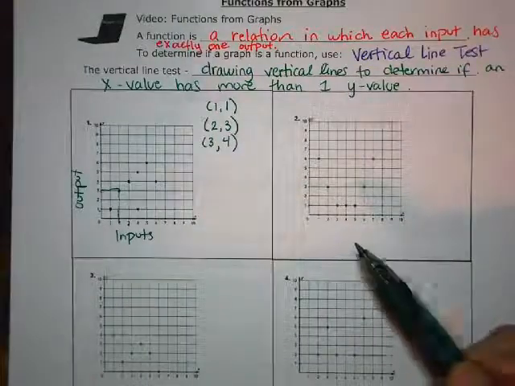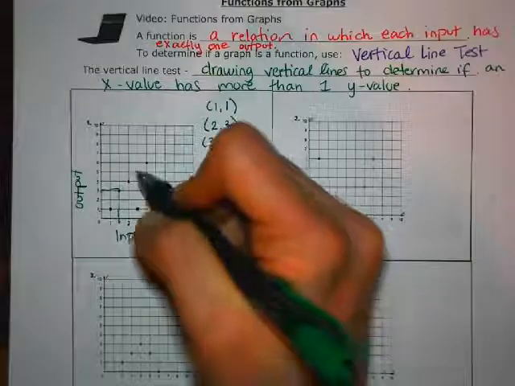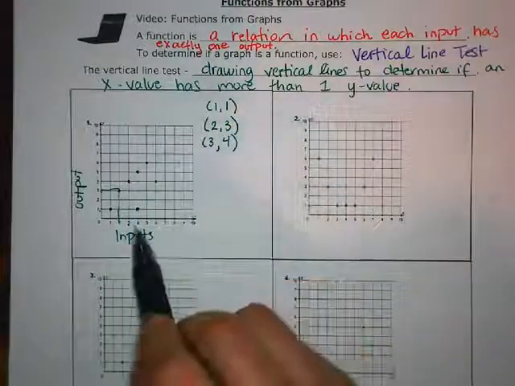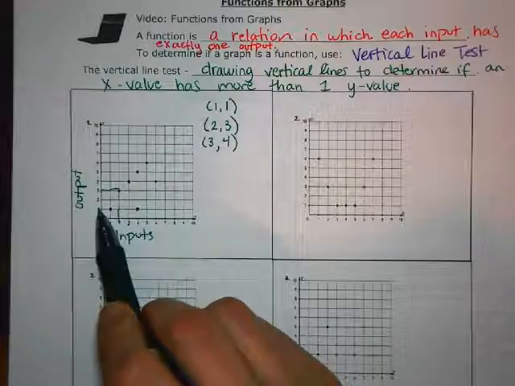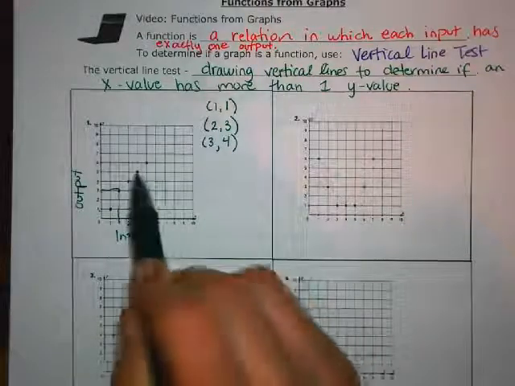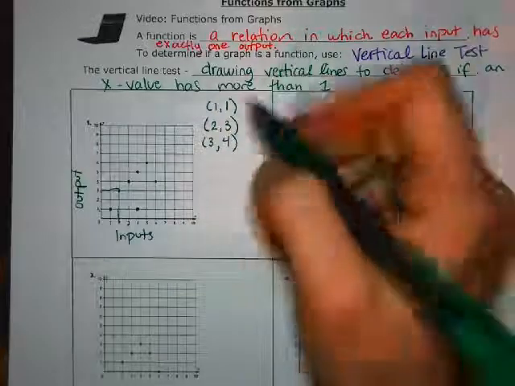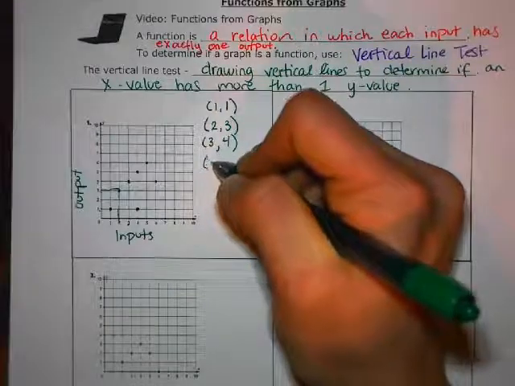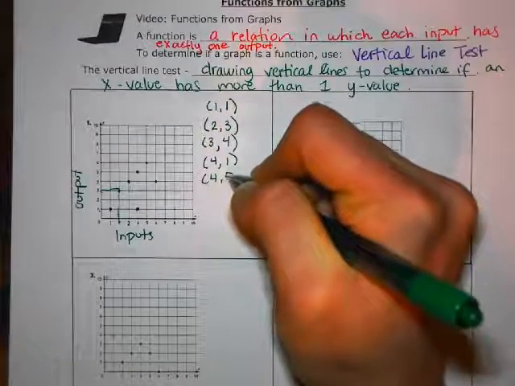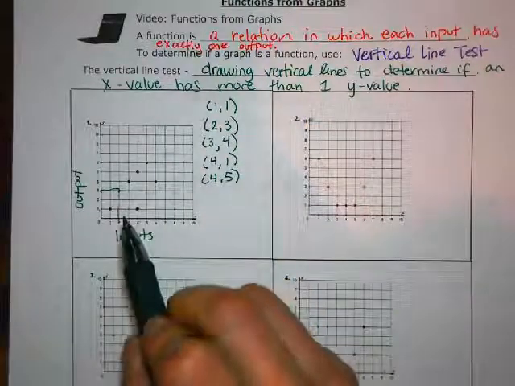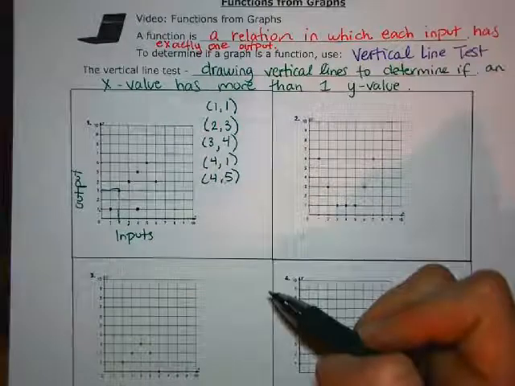There are 2 points. So you see we have one here and one here. So for the number 4, when x equals 4, y can equal 1, and can also equal 5. If we were to write those points out, it would be 4, 1, and 4, 5. And so we can determine through that this is not a function.